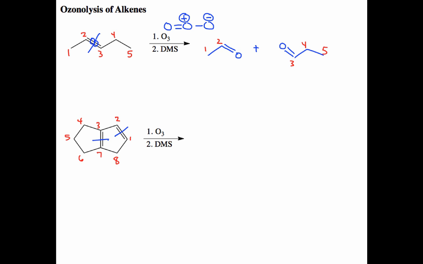Now to try to keep this simple, I'm going to draw this main carbon framework pretty much intact, except I'm just going to break apart these alkenes. So we know we broke between carbons 1 and 2. So here's a double bond O, and we have carbon 2 connected to carbon 3.